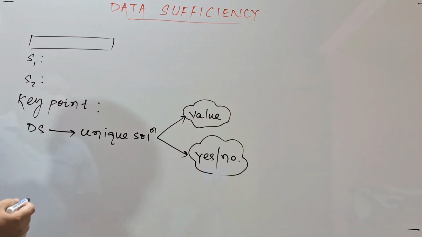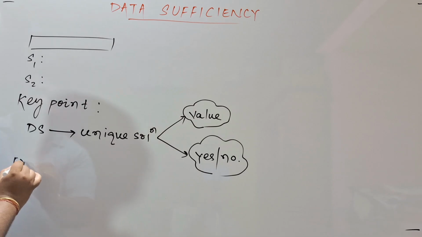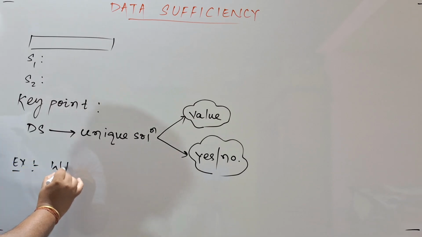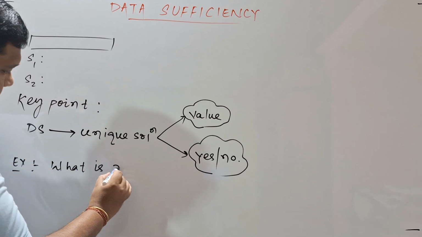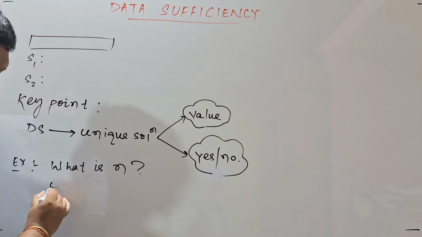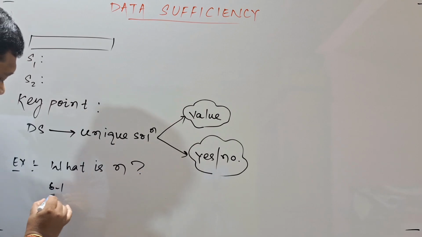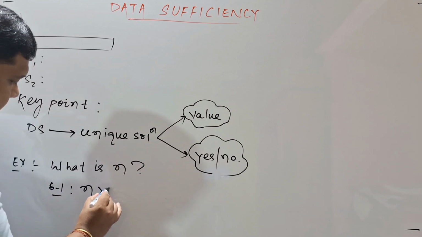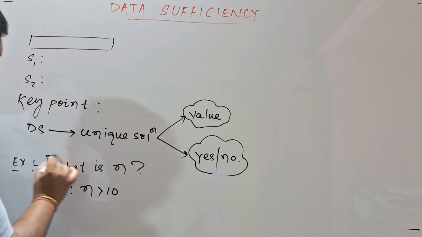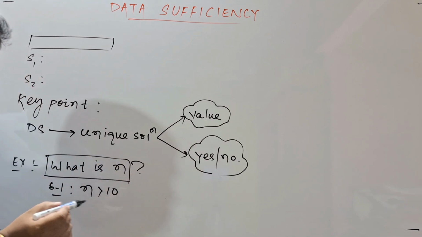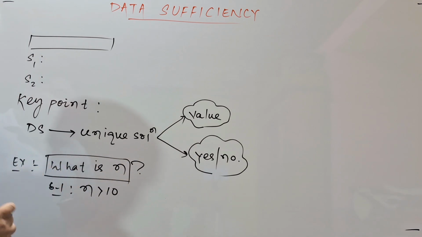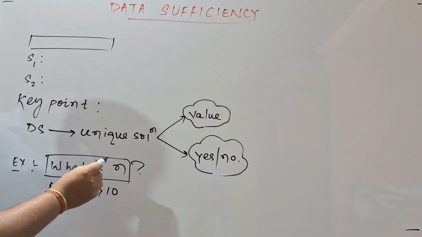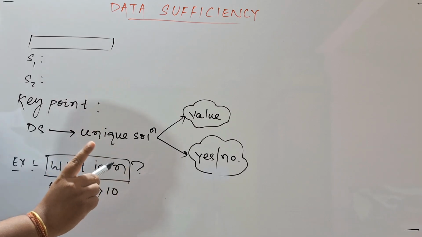When I say unique solution, it means we are looking for a value. For example, what is n? Suppose statement number 1 says n is greater than 10. When I ask what is n, we are looking for a value.